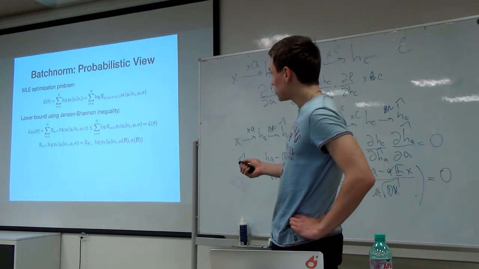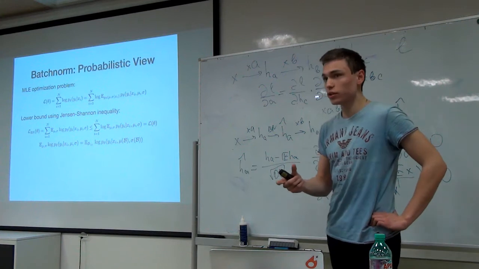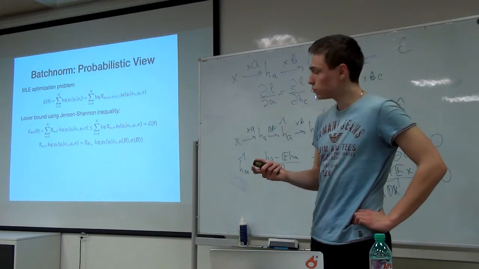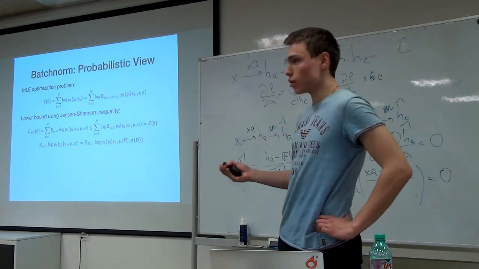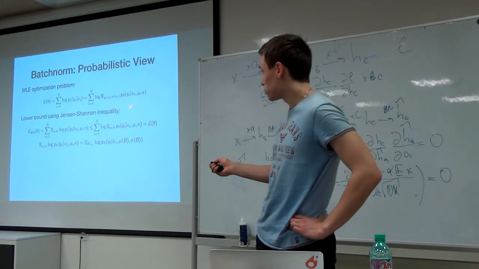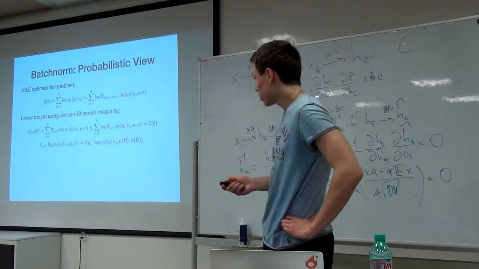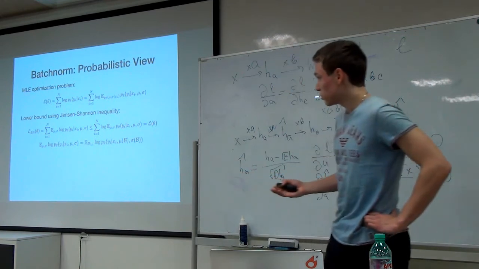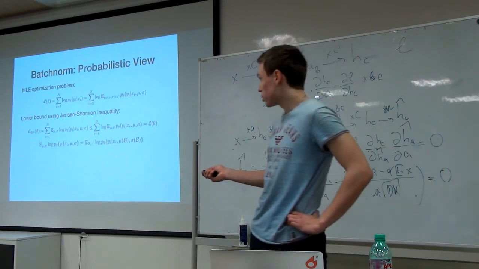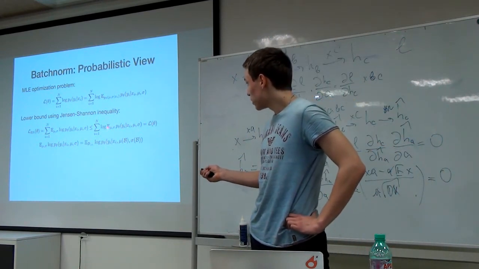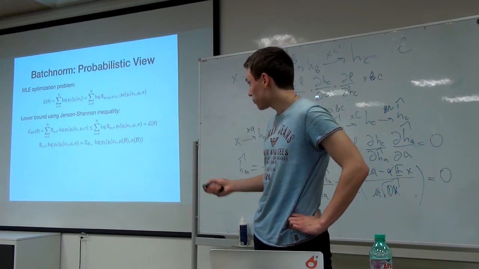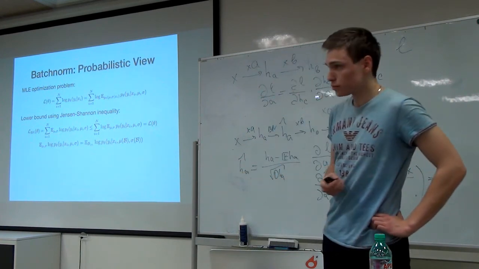So we can use Jensen's inequality and construct a lower bound for this objective. Since the logarithm is concave, we just switch the expectation with the logarithm.